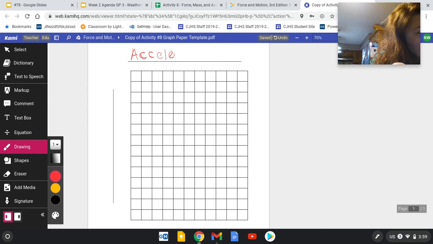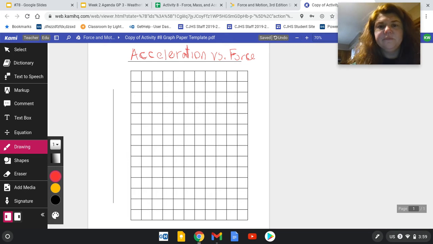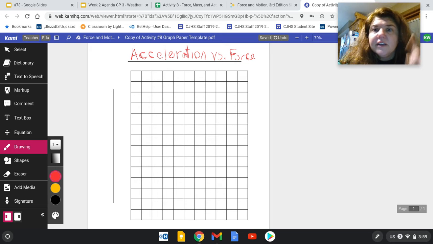I'm having some problems writing this. Hopefully yours is working a little bit better if you're writing it. So we already have T done because we know the type is a line graph and the title is acceleration versus force.